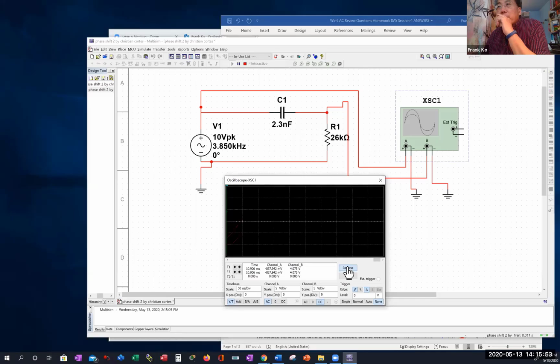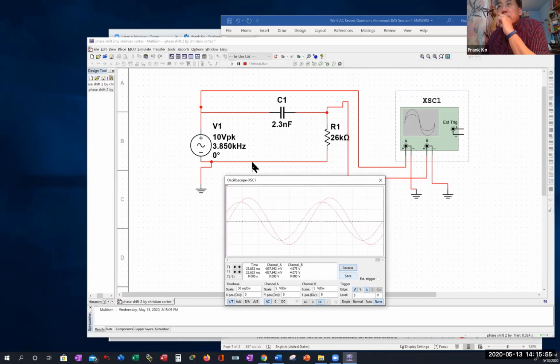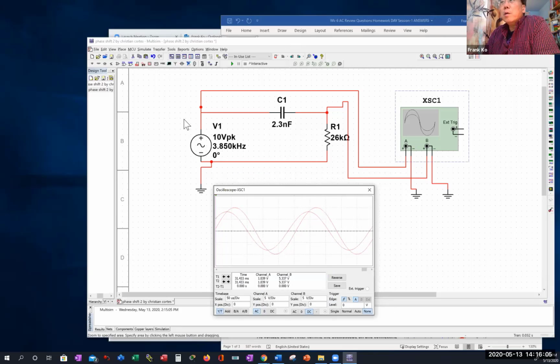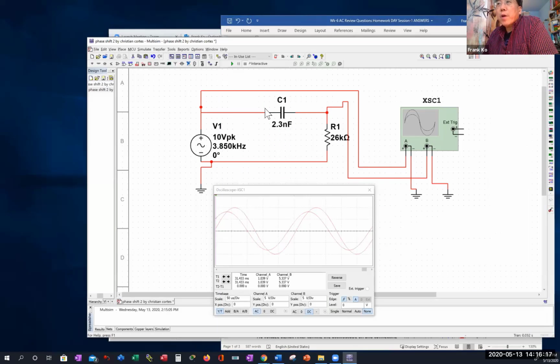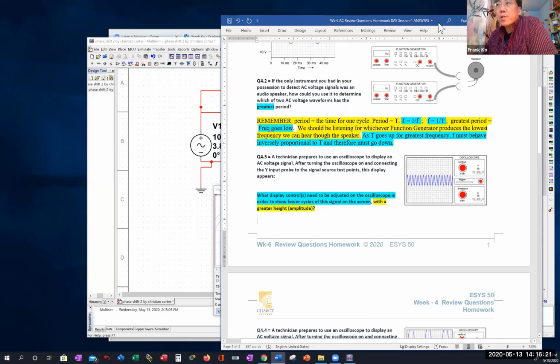Okay, now hit reverse. And then hit stop. Move my cursor over. Okay. You have a tool by which you can test your answers for this particular question. This oscope here. You have the means by which you can test your answers to this question.